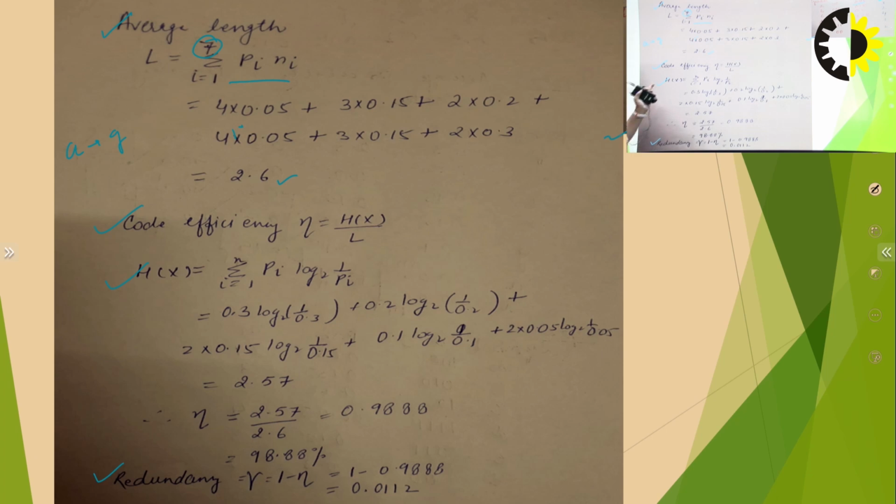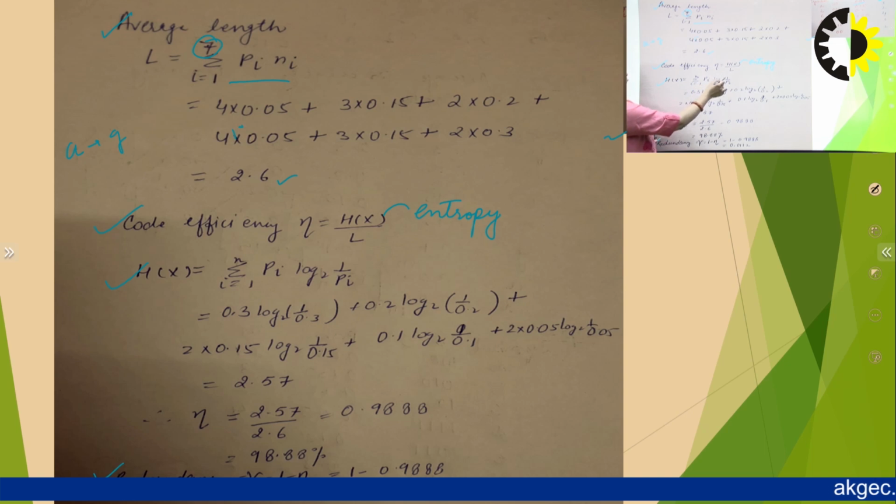Right? Then code efficiency. The code efficiency formula is eta is equal to H(X) upon L. So H(X) is what? H(X) is basically entropy. So you need to find entropy. Entropy is H(X) equal to summation i to n of p_i log 2 1 by p_i. Again, this n is basically 7 because we are having 7 symbols.